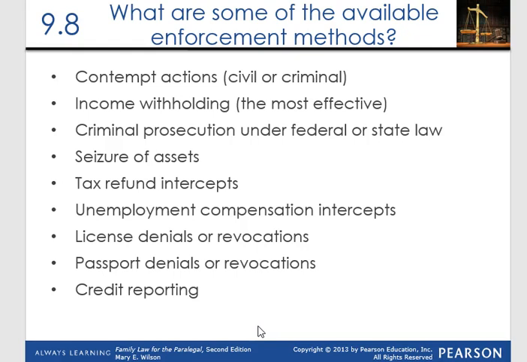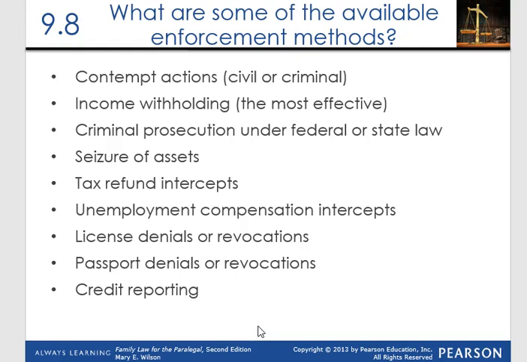Criminal prosecutions under federal or state law for criminal non-support. Seizure of assets. Tax refund intercepts, these are very common as well. If there is an arrearage due and owing for child support, the 4D agencies will intercept tax refunds.